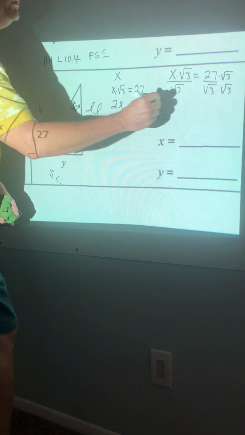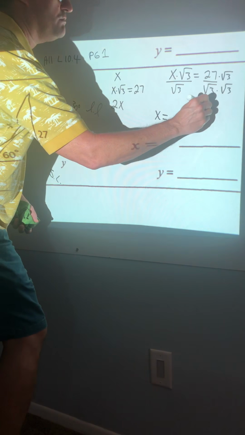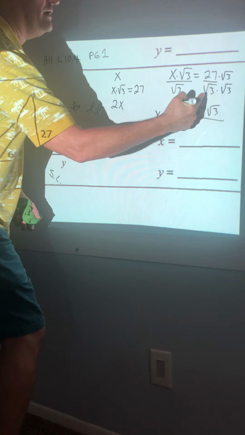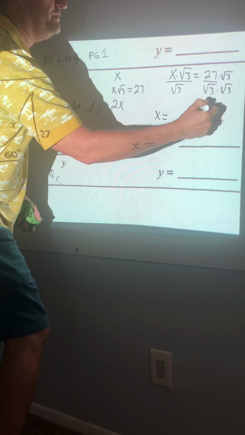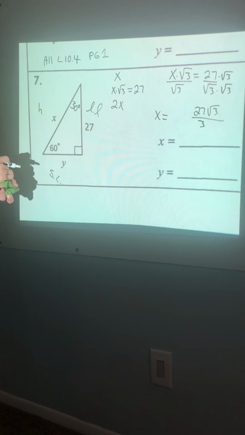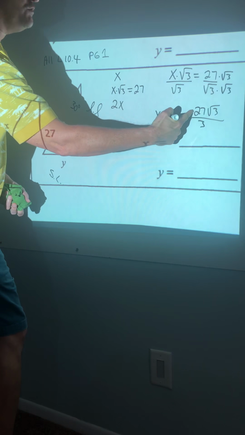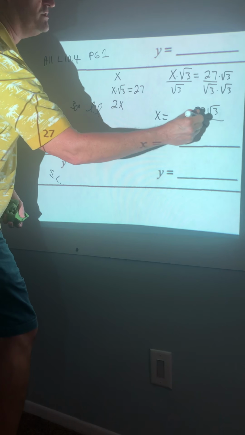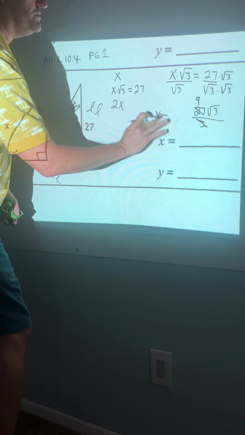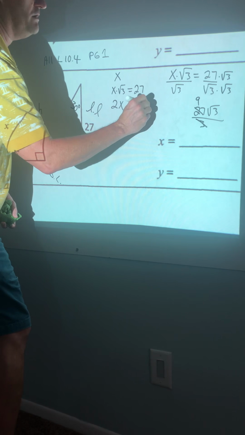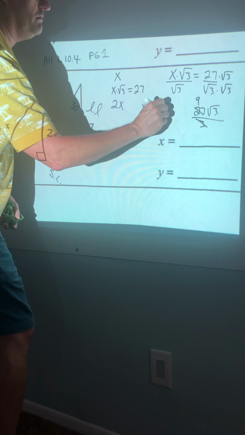When you do that, the new numerator is 27 square root of 3. And remember, a square root times itself is the radicand inside. Then look, the 3 is outside the square root, the 27 is outside the square root, so you can simplify that and make that 9. So x is 9 square root of 3.